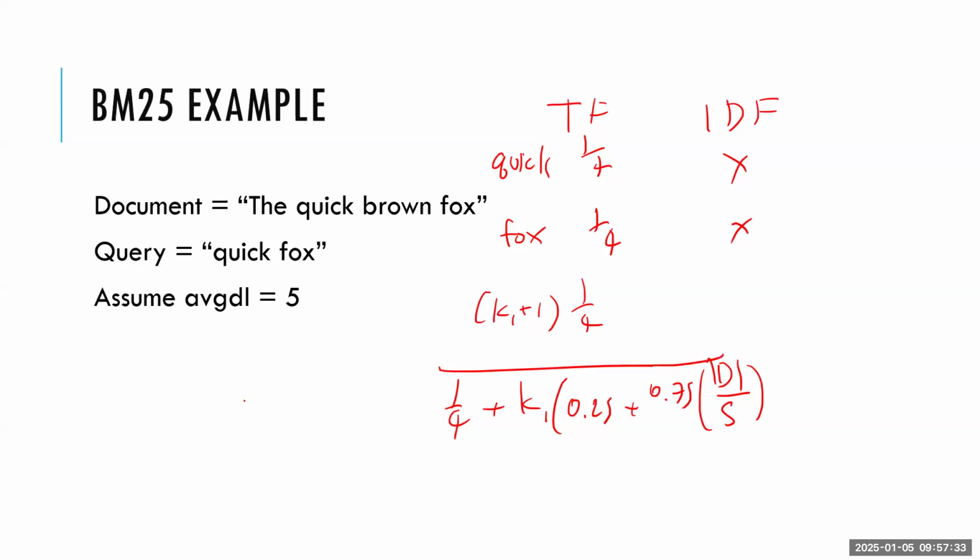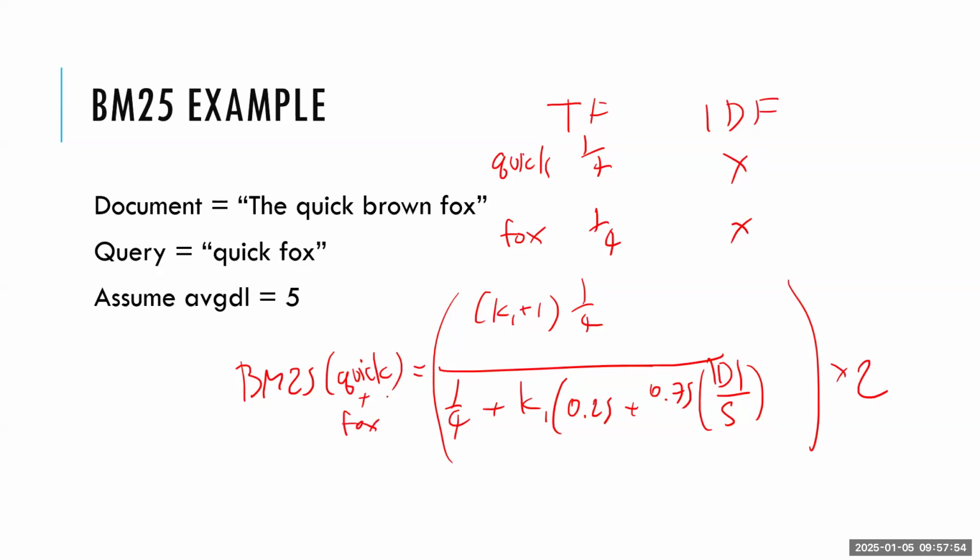So this is going to be the BM25 for the word quick, and then the fox would be the same formula, and then you just times 2. So times 2 would be quick plus fox. So this is how you calculate the BM25 score.